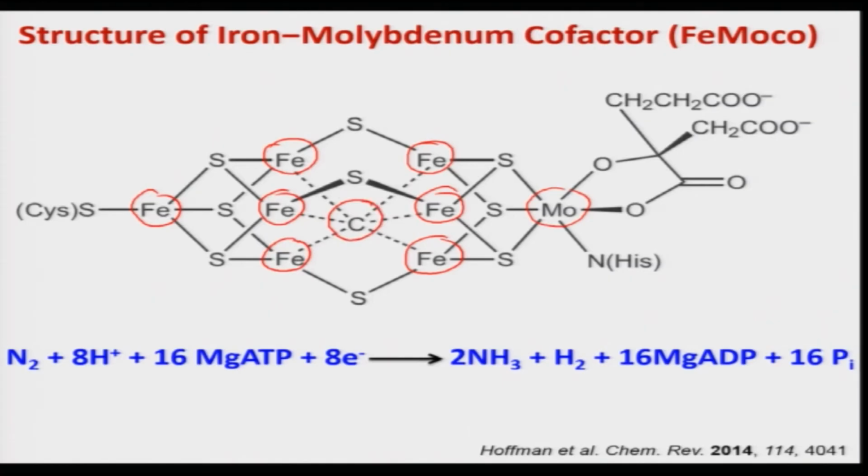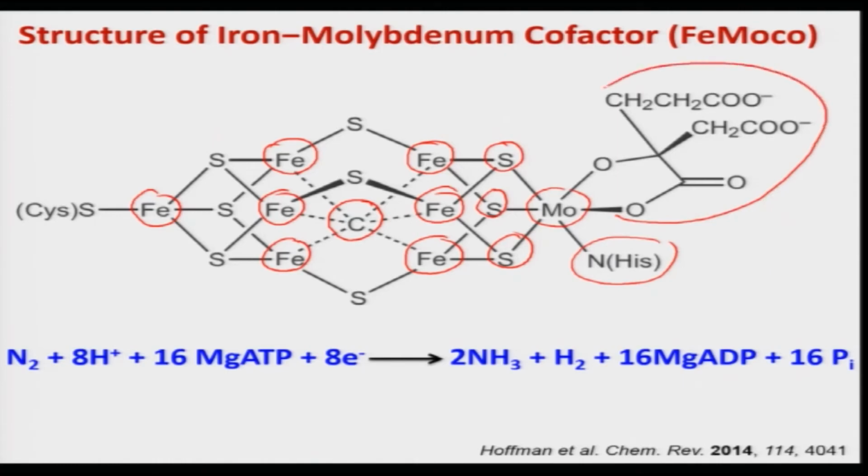This coordinatively saturated molybdenum center is saturated by 3 sulfides, 1, 2, 3, and 1 nitrogen from histidine, and also an unusual bidentate homocitrate ion.